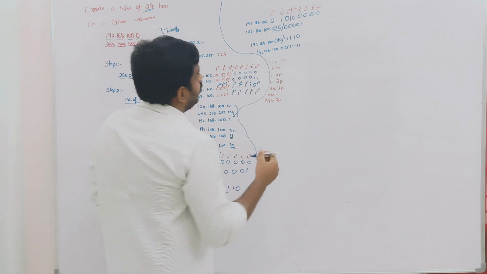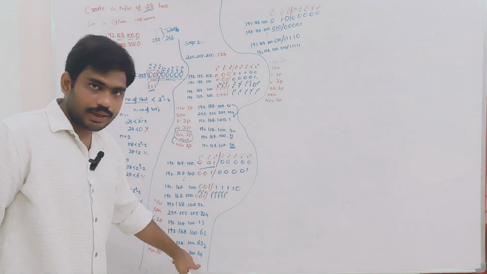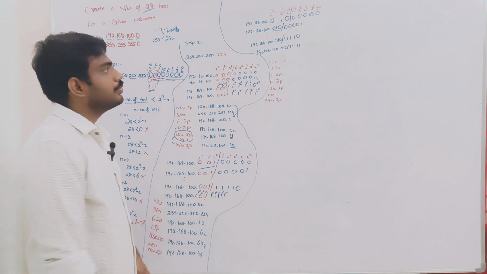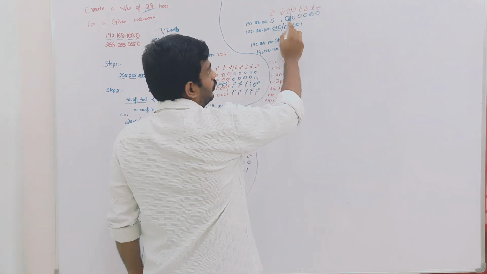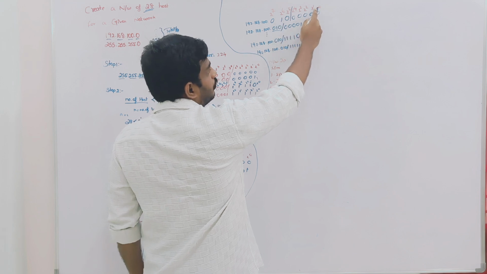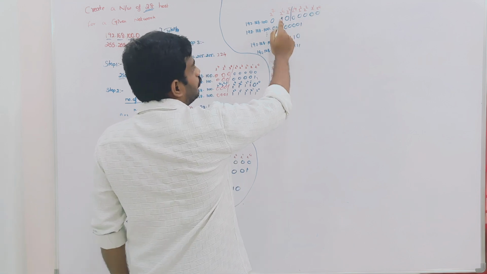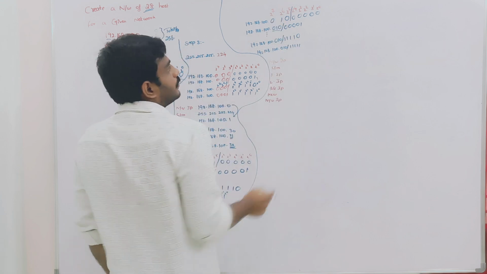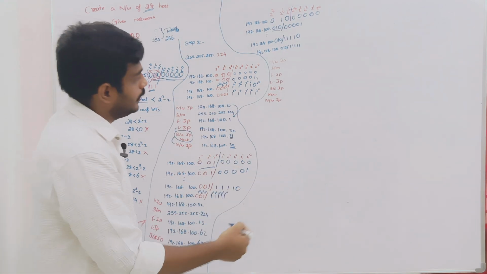Our network IP will be, if you want you can directly write. In case you find any confusion, you multiply corresponding bits with the power of 2. If you multiply 0, you just ignore it because you will get 0. But if you multiply 1 cross 2 power 6, that will be your network part. Okay, I will write directly.